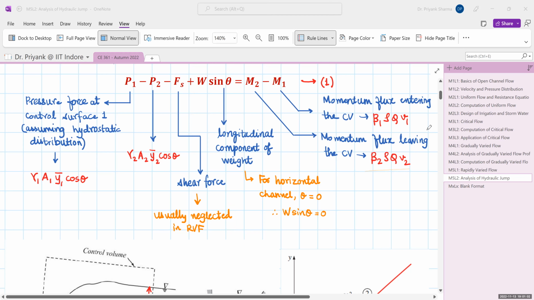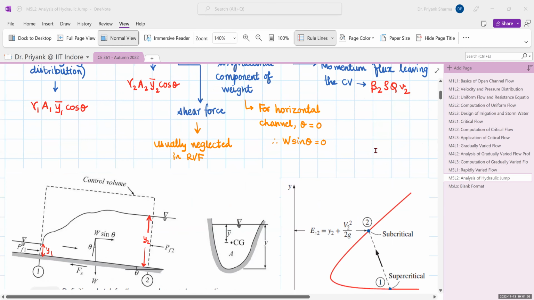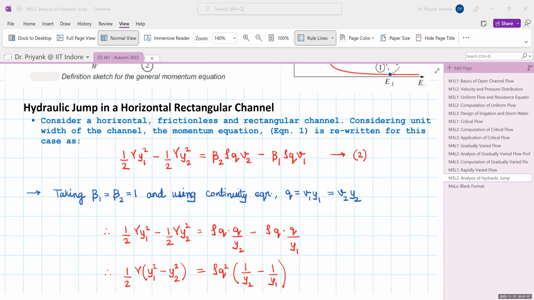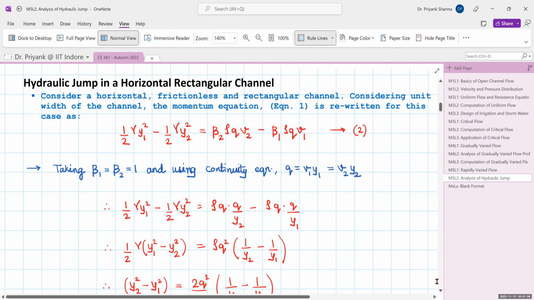Using this equation, we move forward and derive the relationship for a hydraulic jump in a rectangular channel. We consider a horizontal frictionless rectangular channel of unit width. Applying the momentum equation and rearranging equation 1, we get half gamma y1 square minus half gamma y2 square equal to beta 2 rho q v2, where q is the discharge per unit width, minus beta 1 rho q v1.